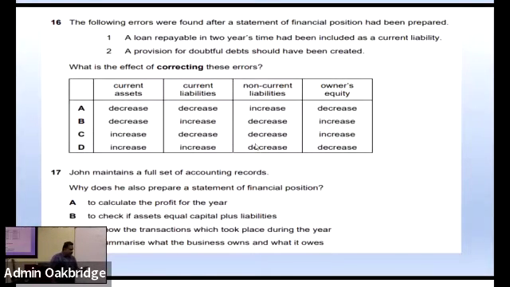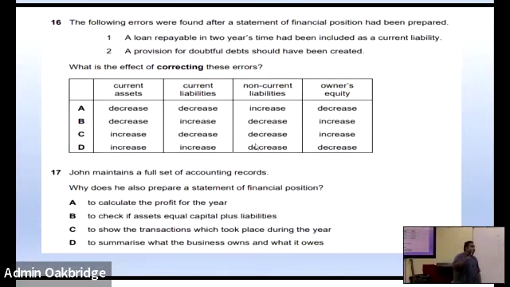What is the effect of correcting these errors? Now, a loan repayable in 2 years' time cannot be included in current liability. Current liability is everything below 1 year. So when you correct this error, current liability goes up or goes down? Goes down. Correct or not? You're removing it from current liability, so current liability goes down.